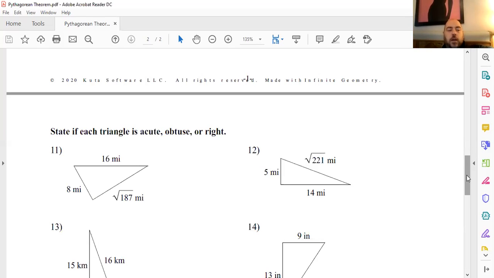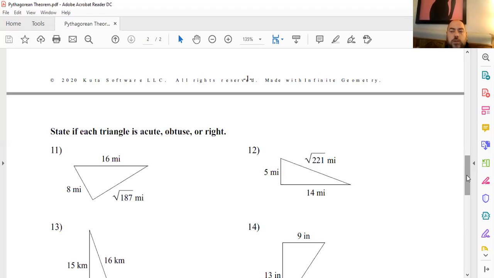So if like 8 squared, 64, plus the square root of 187 squared, 187, so you have 64 plus 187, which would give you 251. Then 16 squared is 256. So 251 is less than 256. So that would be obtuse. Might want to check my math on that. But that's the general idea.